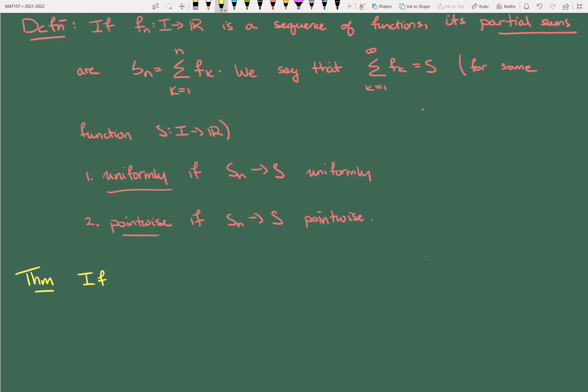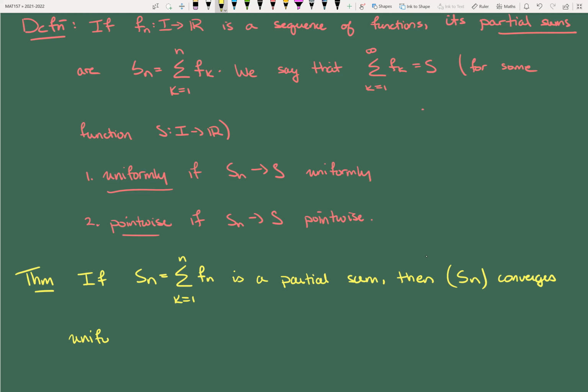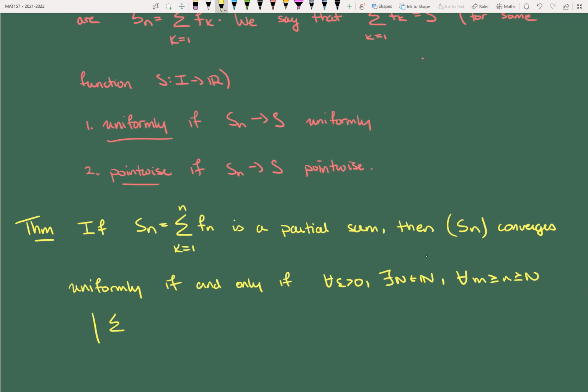So if S_n, let me just be a little bit lazy here, is a partial sum of some sequence of functions, then S_n converges uniformly if and only if for every epsilon greater than 0, there exists an N in the naturals such that for all m greater than or equal to n, greater than or equal to N, the sum from k equals n+1 to m of f_k is less than epsilon.